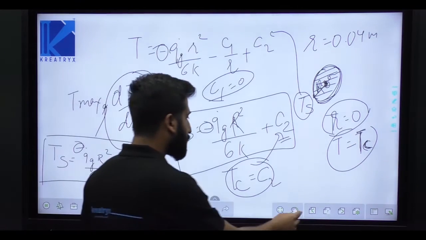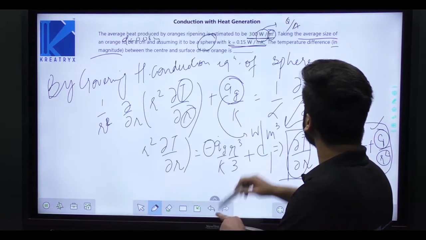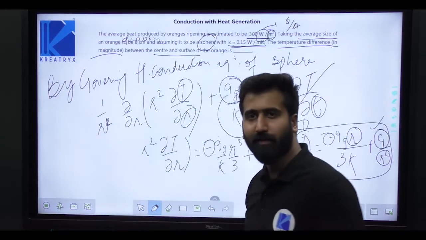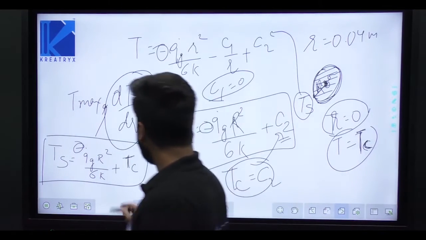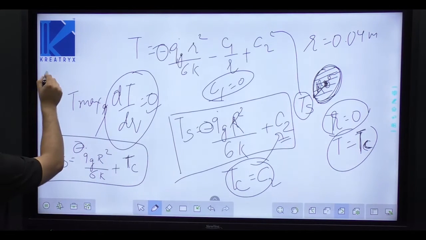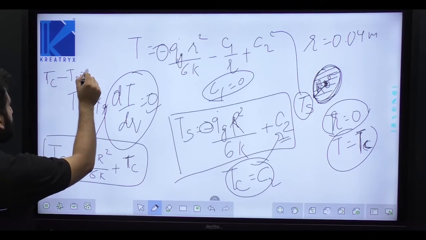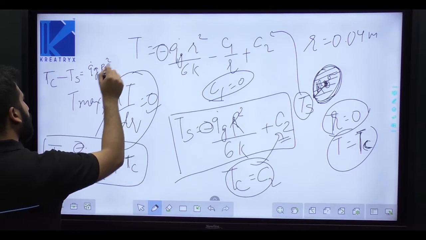See the question. What were we finding? We were finding the temperature difference between the center and the surface. So you directly get this result. Rearrange this equation. You will get Tc minus Ts is equal to Q dot G R square by 6K.